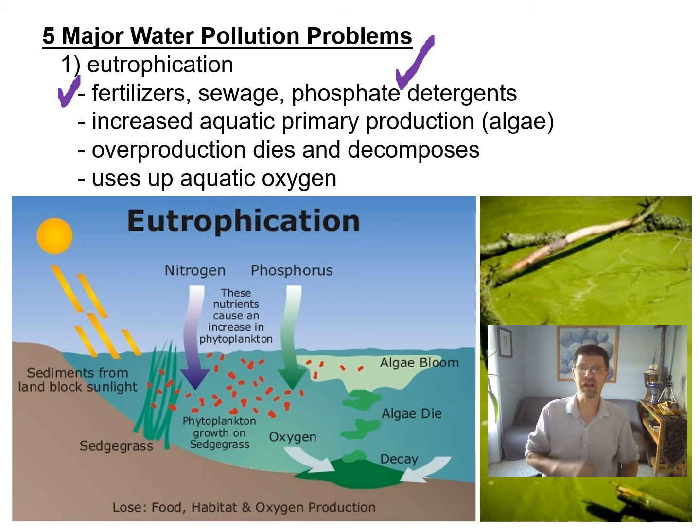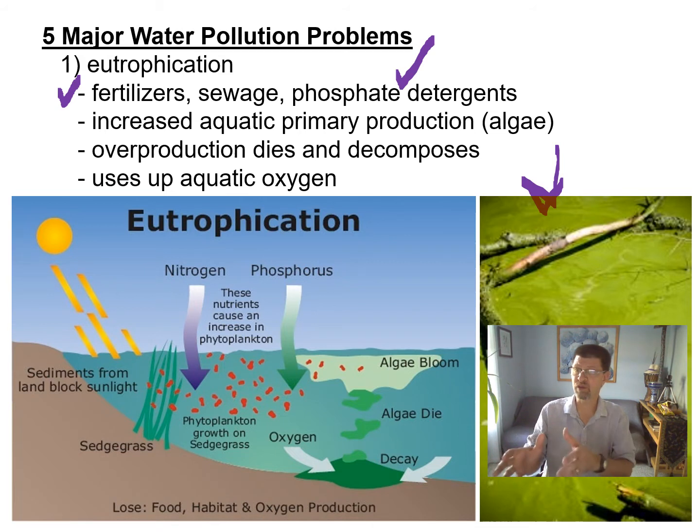And fertilizers are full of nitrogen, and phosphate detergents are full of phosphates, phosphorus, and also potassium. And so we're basically giving these organisms the chemicals they need to just go crazy, growing and reproducing and spreading throughout this system.